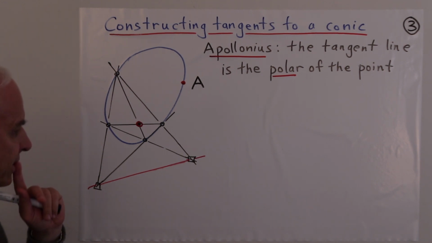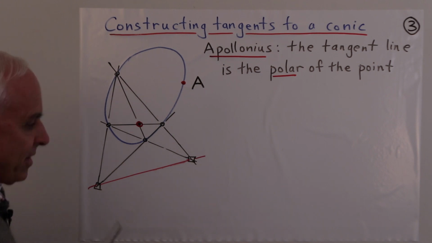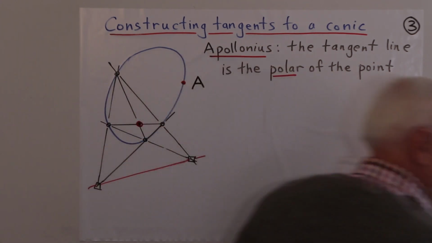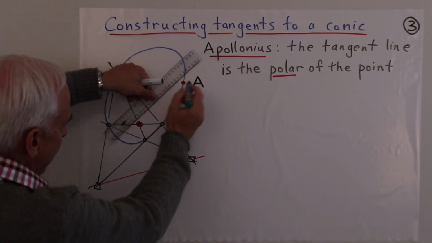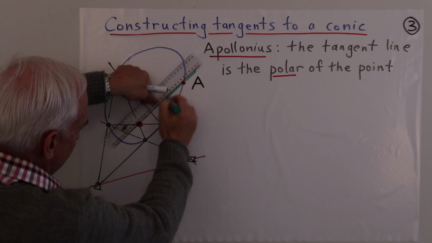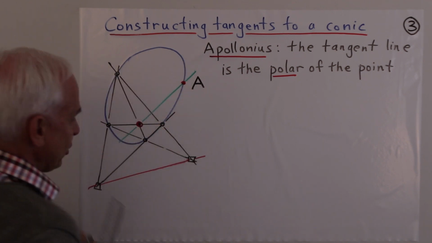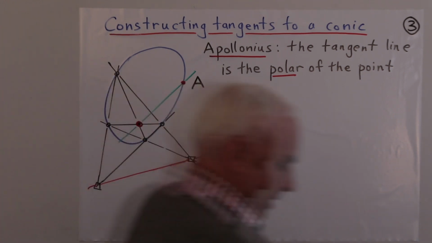Okay, so how can we use this? Well, let's do the same kind of thing again, but I'm just going to first draw a line, maybe in green, through our point A that we're actually interested in and the point that we've just been analyzing. Okay. And let's choose another point on that line.